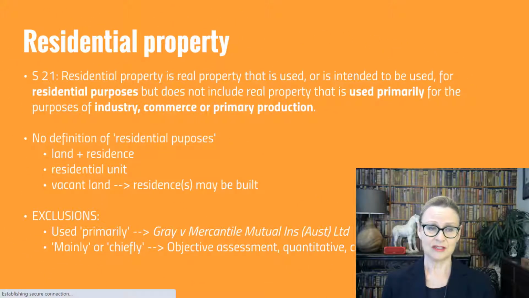Obviously, those contracts need to be for the sale of residential property. Section 21 defines residential property as property that's used or intended to be used for residential purposes. It doesn't include real property that's used primarily for the purposes of industry, commerce, or primary production. There's no definition of residential purposes, but it's reasonably clear what that includes.